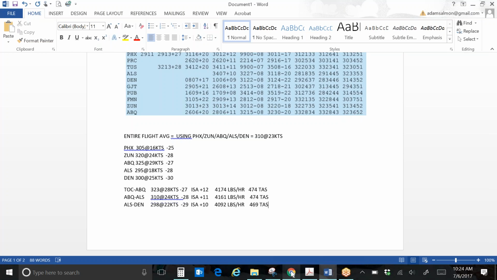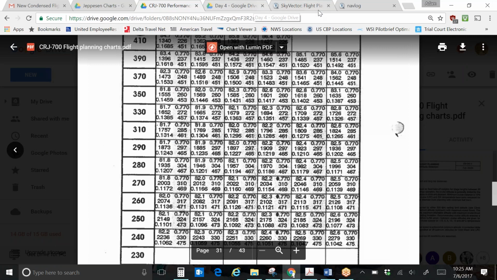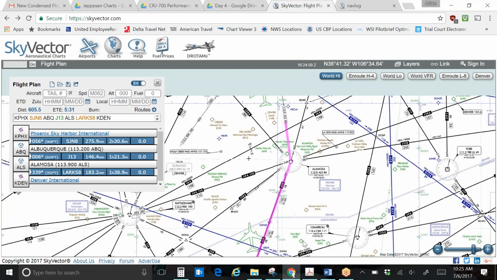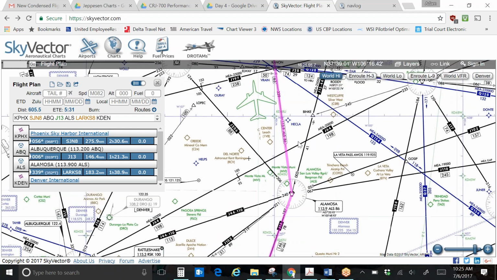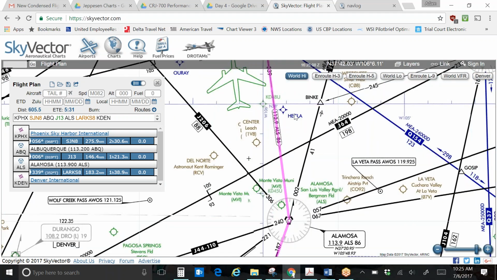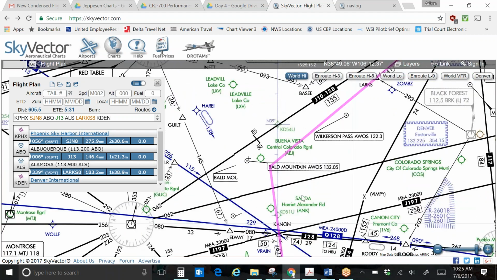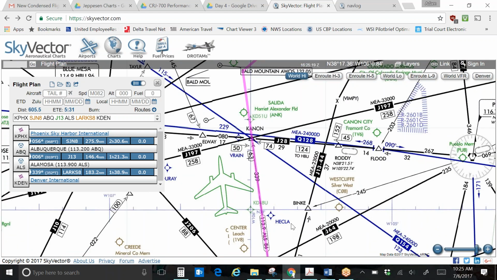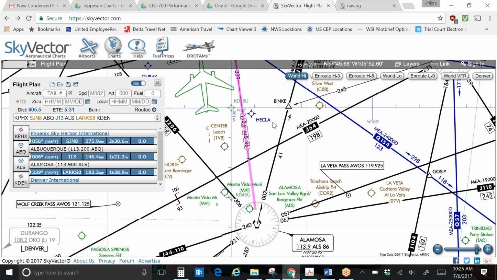Okay, let's go back into Sky Vector, figure out what our heading is. So on this heading leaving Alamosa, heading up towards the intersection, let's just see what our actual direction is.